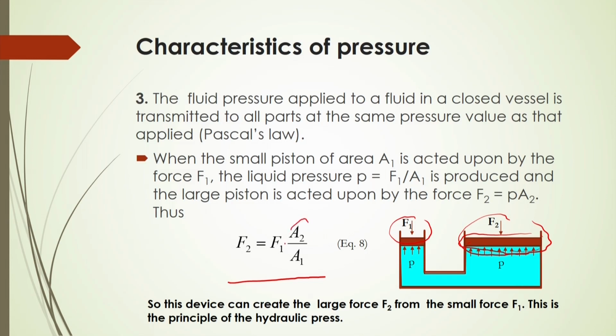So, suppose A2 is double of A1, that means the cross sectional area in this leg is double of this, so we can say that the force required to resist will be double of the earlier force.